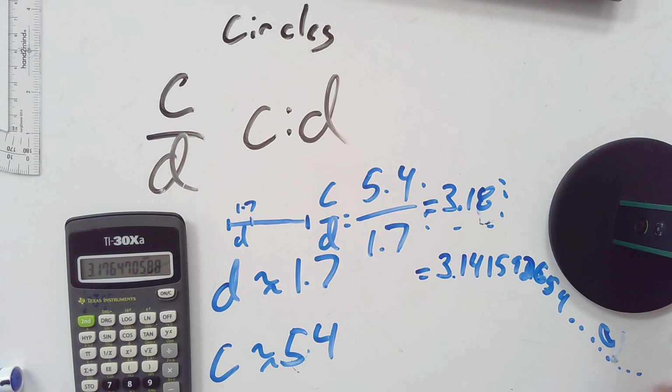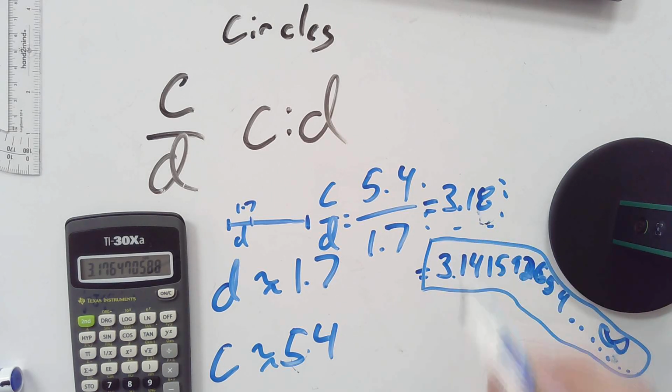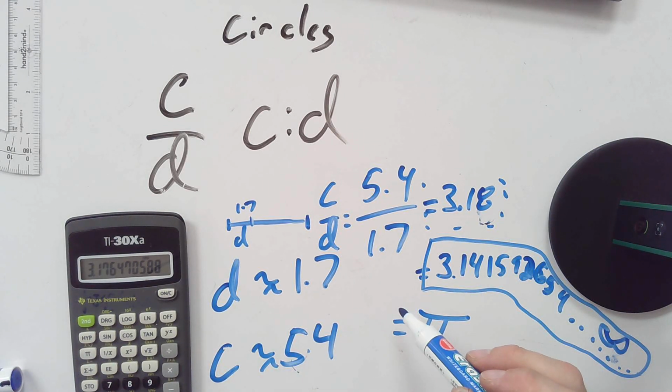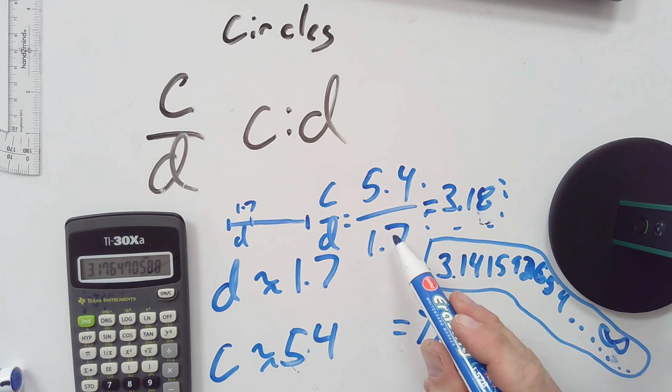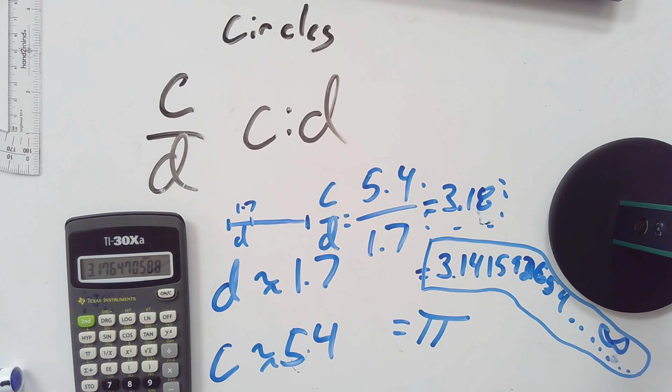That number should look familiar because it is represented by the Greek letter pi, 3.141592654. So any circle's circumference divided by its diameter equals pi.